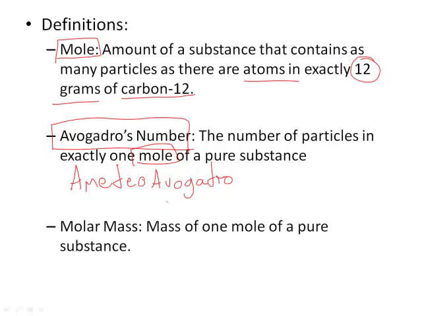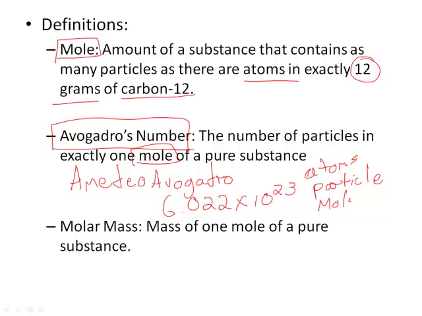He called it Avogadro's number, which is 6.022 times 10 to the 23rd. It could be atoms, particles, or molecules, whatever you wanted to measure. This is a really, really big number to represent a lot of different particles.